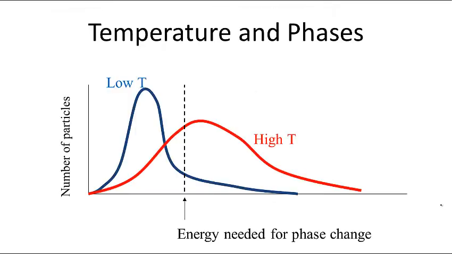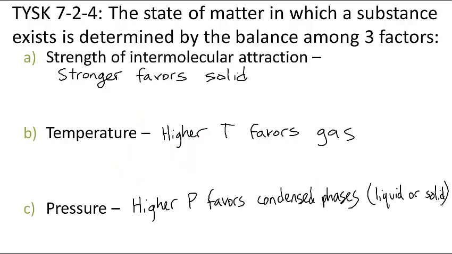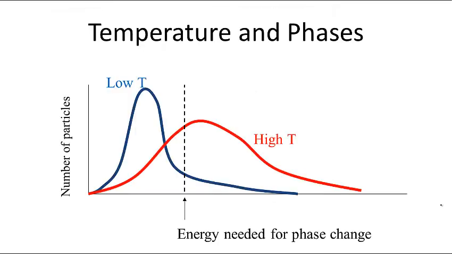And let's just focus in for a second on temperature. We have this Maxwell-Boltzmann distribution, and it turns out, based on the strength of the intermolecular attraction, there's going to be a certain amount of energy. Remember, this x-axis is kinetic energy.